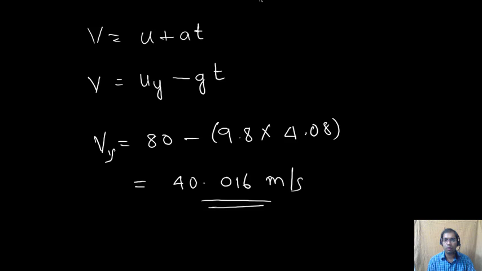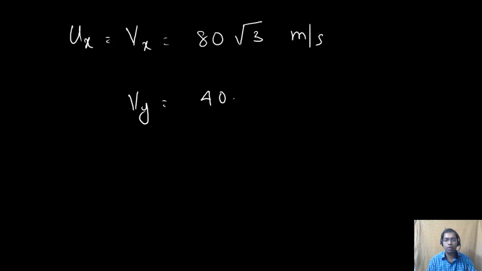We can take this as the Vy component. Now initially we found Ux, or we can take this as Vx, because we are looking at the magnitude of velocity. We got this as 80 root 3 meter per second, and now we have Vy, which is nothing but 40.016 meter per second.